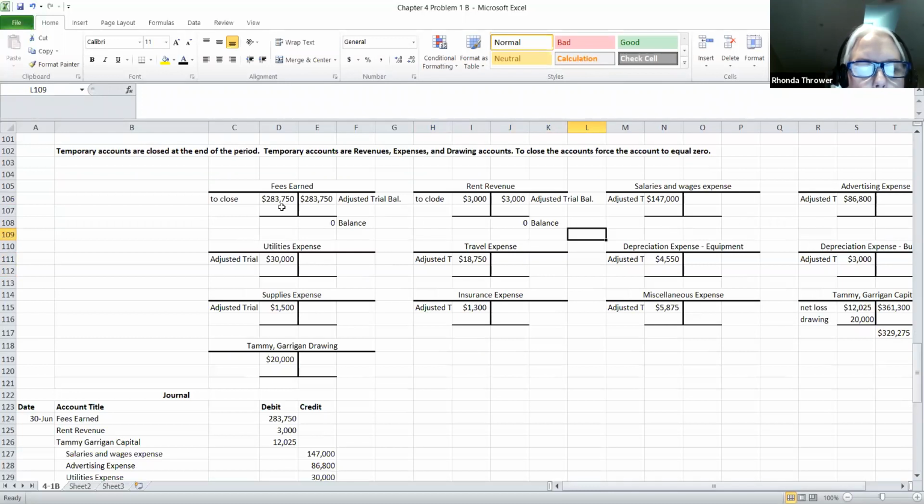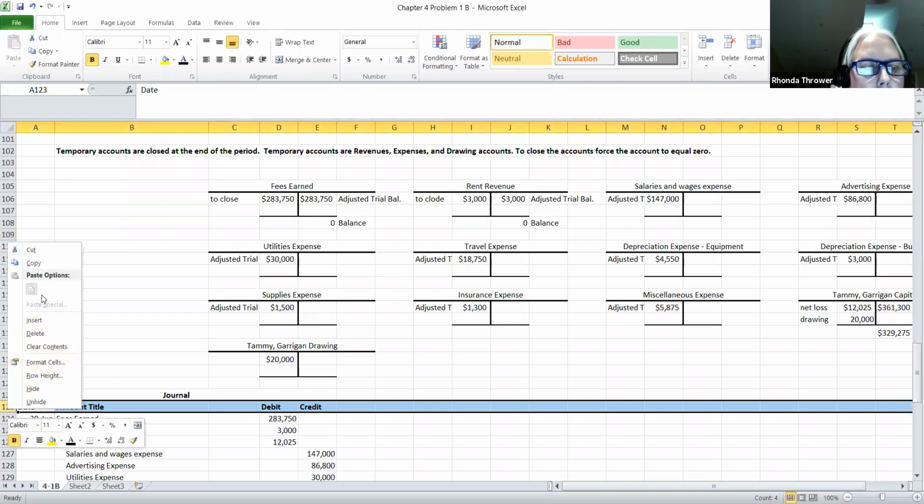When you debit the revenue accounts, you're putting it in the journal first. So this is your formal place to record your closing entries. And these are examples of closing entries.